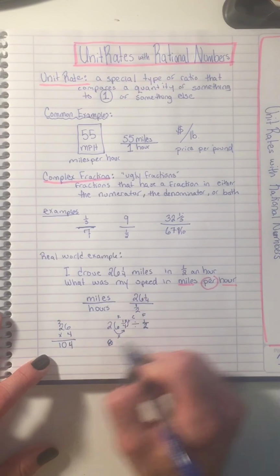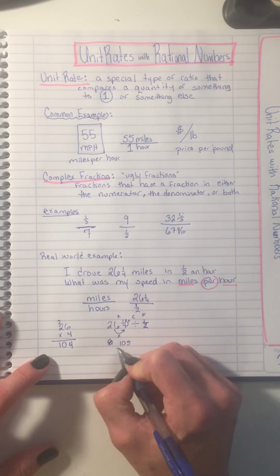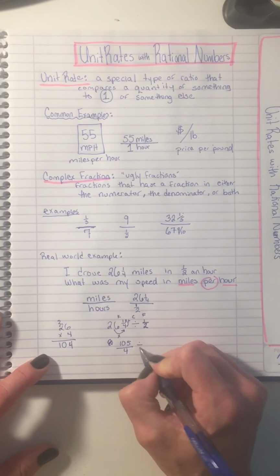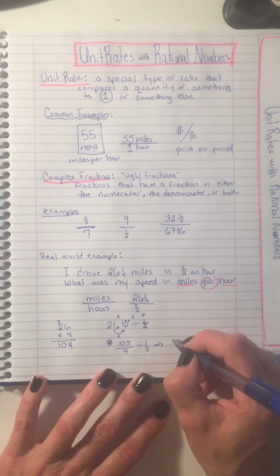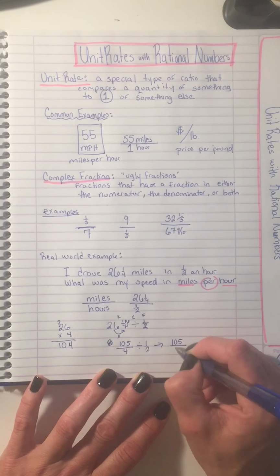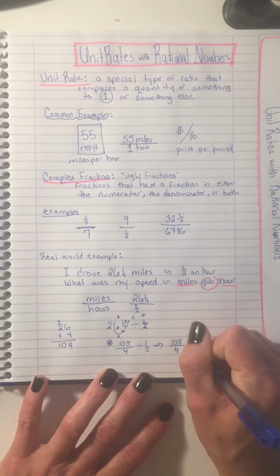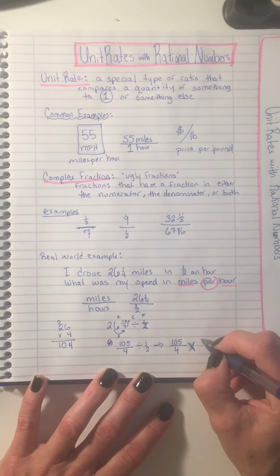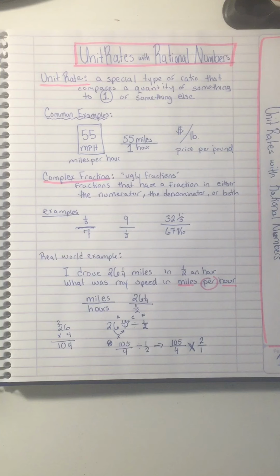And then I'm going to add the 1, so I have 105 over 4 divided by 1/2. And now I can do keep, change, flip. Keep 105 over 4. Change the division to multiplication. And I'm going to flip, use the reciprocal. So now instead of 1 over 2, it's 2 over 1.